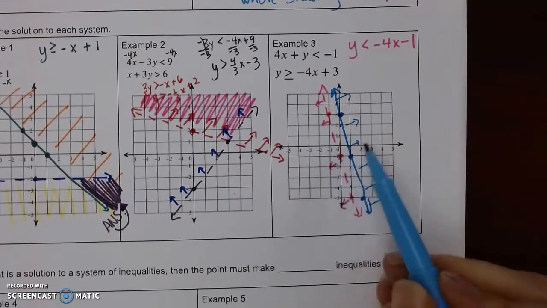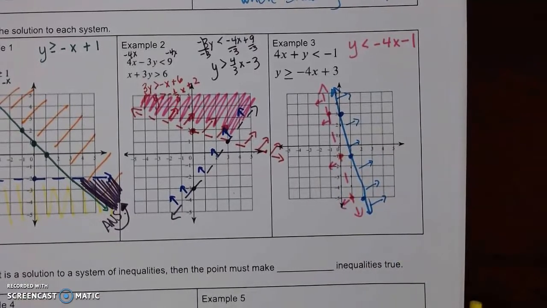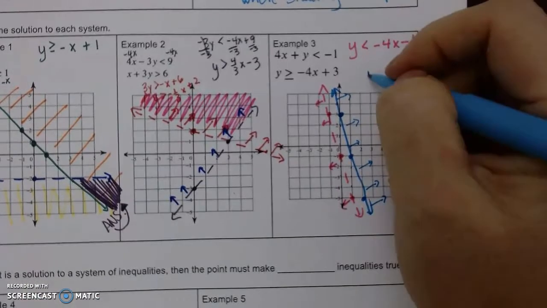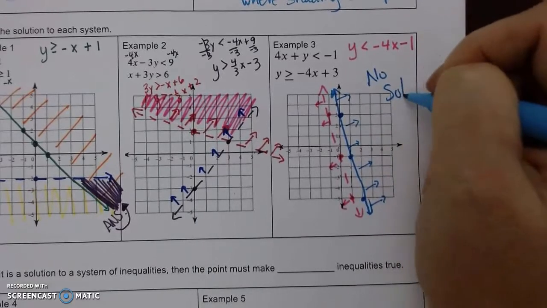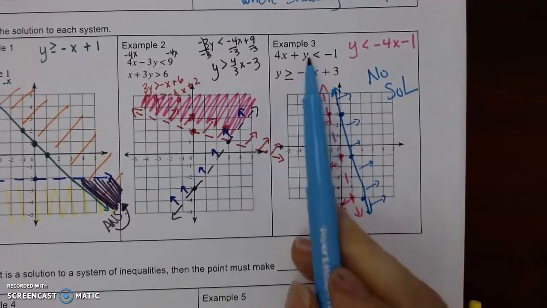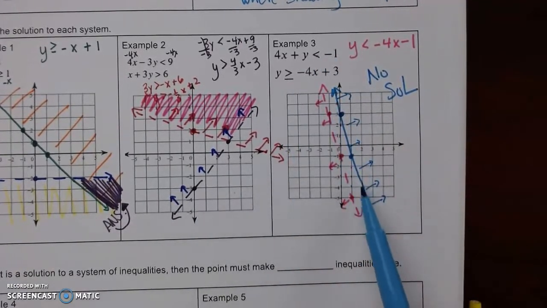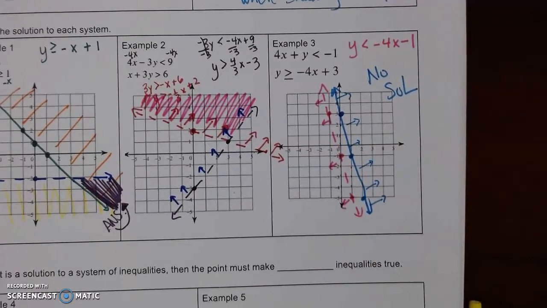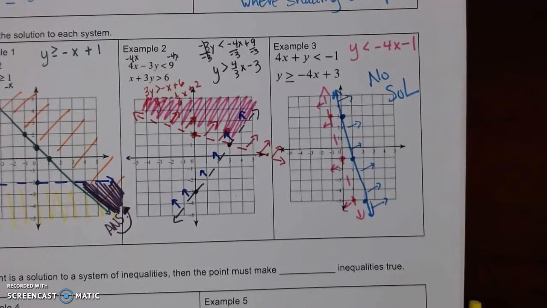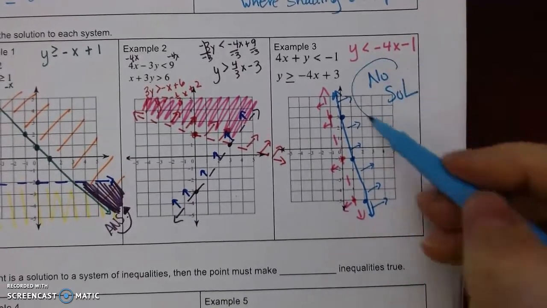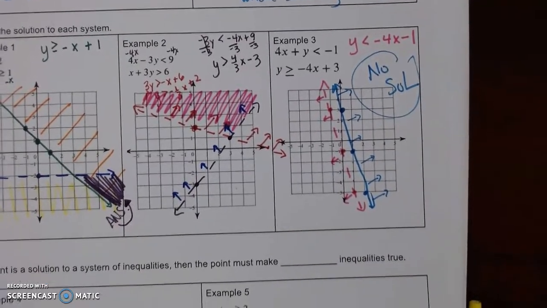Here our arrows go opposite directions, which means they never overlap. So this is no solution. If our symbols would have been reversed, it could have been the space between the lines. So don't think just because they're parallel, it means we have no solution. That's not true. They just don't overlap.